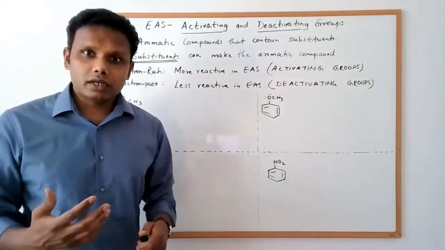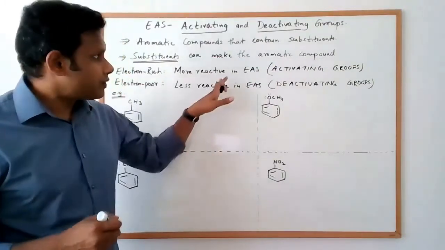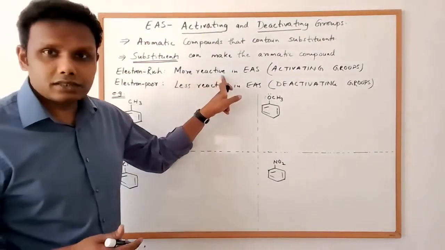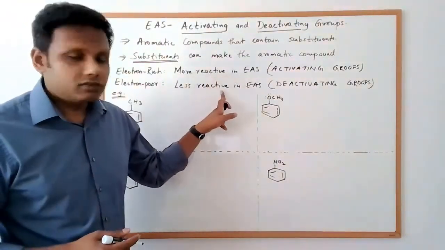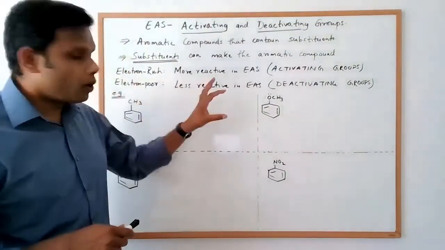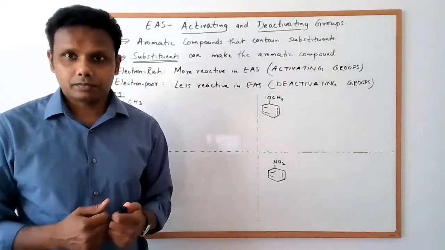Now, in case you're wondering, faster and slower with respect to what? Our reference here is benzene. So when we say more reactive or less reactive, we're always referring to benzene, because these are all benzene-containing compounds that we are discussing here.